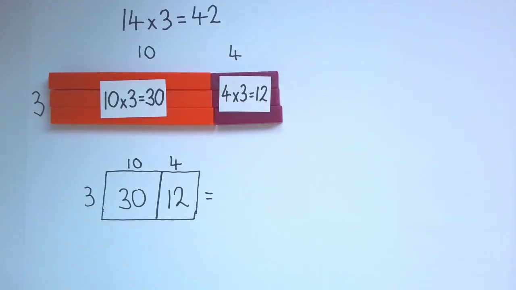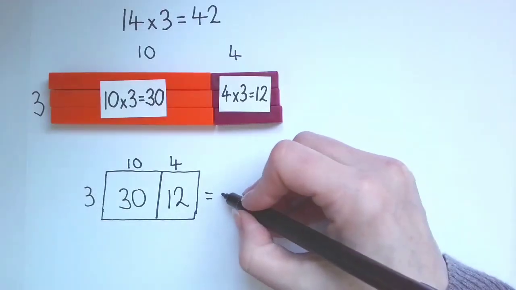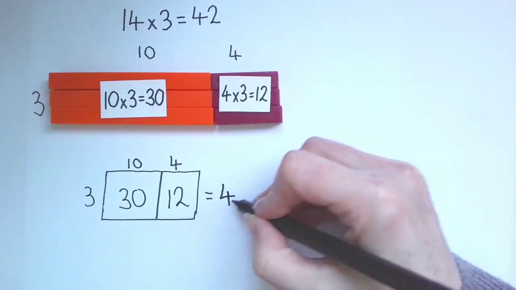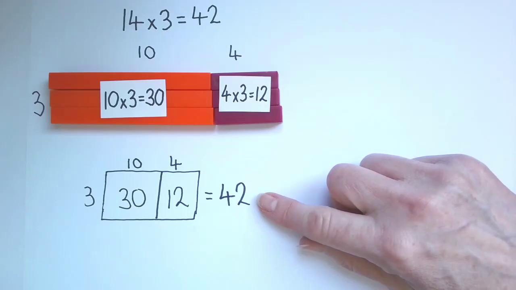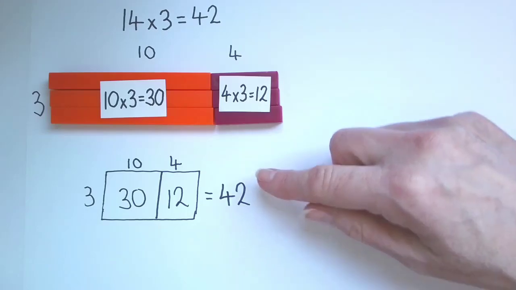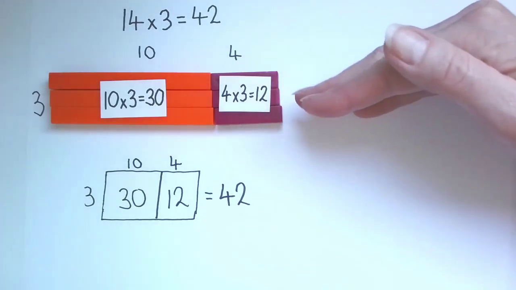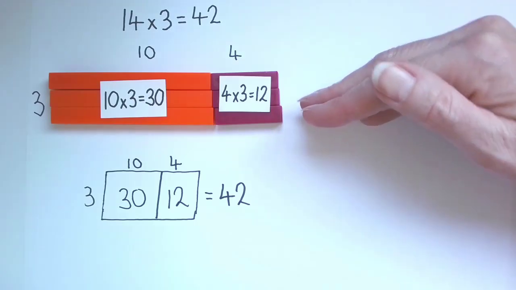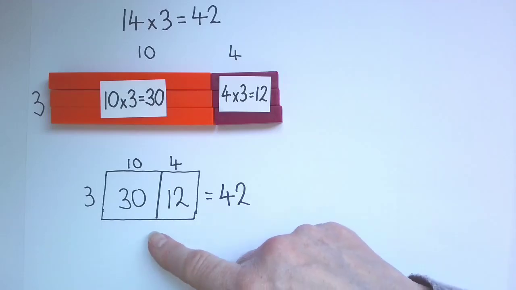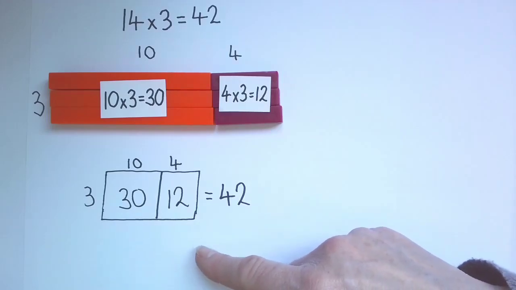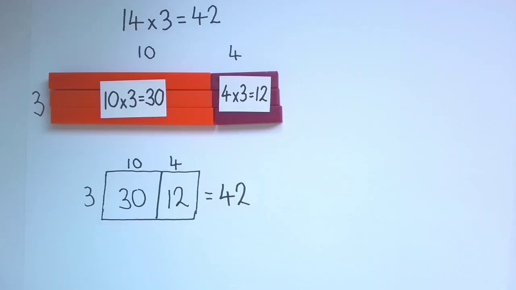And then all I need to do is add those numbers together to get my answer. So this grid method is really useful as a step from moving away from using the manipulatives, but still understanding that we're multiplying separately our 10s and our 1s, and then adding those 2 answers together to get our final amount.